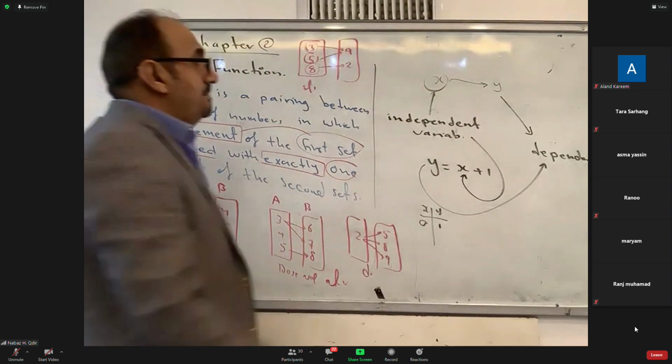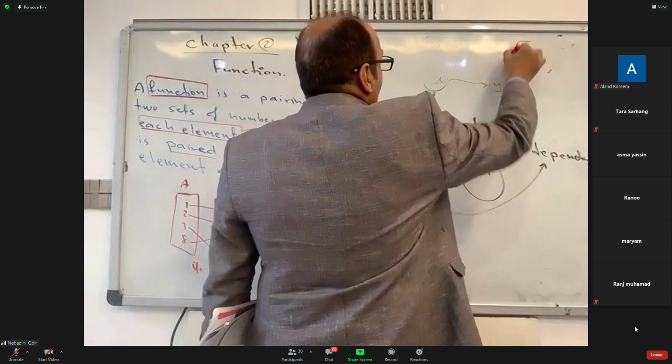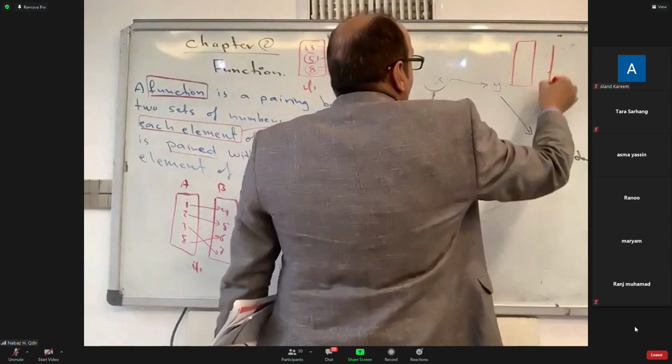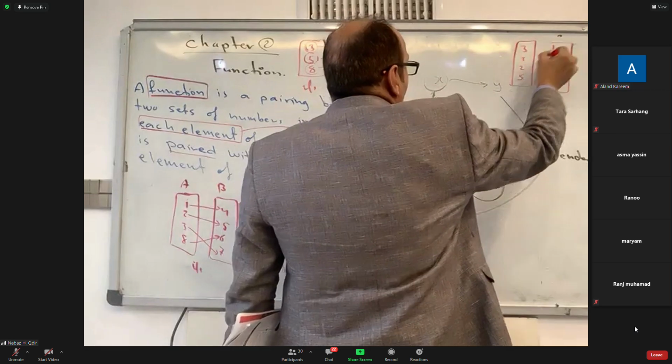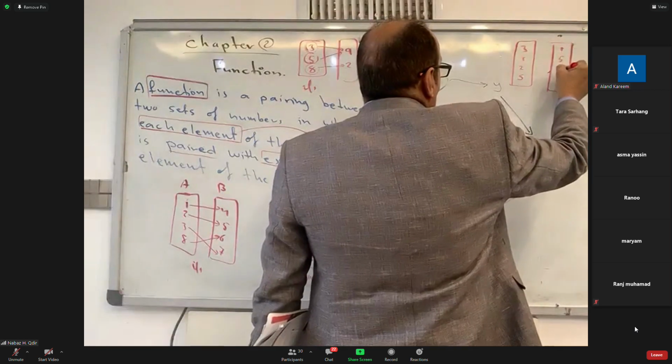Another case is a table set. Is it a function or not? For example, 3, 3, 2, 5, 1, 5, 2, 8.